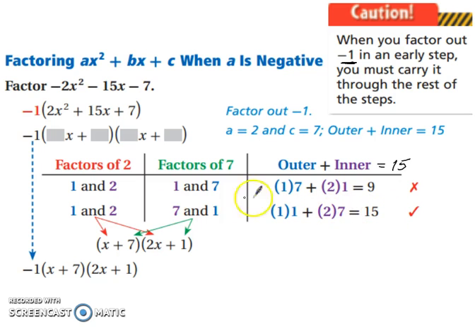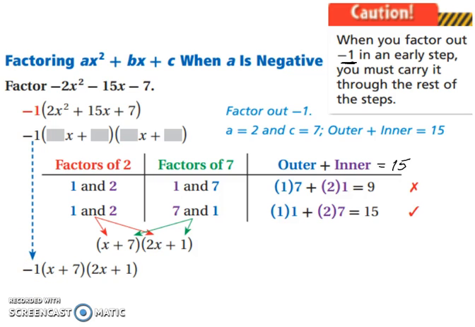Together they make 15. That's what we're looking for. So once again, your factors of a make up your first two pieces of each binomial, and the factors of c are going to make up the second places in each binomial. Remember to rewrite the negative 1 when you're done.